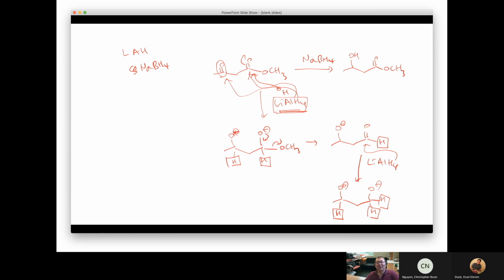And then now there's nothing that can happen, and when you put it into the water, all of the oxygens get the proton, then it will be just alcohol. I mean, all of them turn out to be an alcohol, but the ester basically reacts twice with the lithium aluminum hydride. So this is a type of selectivity I really want you to remember.